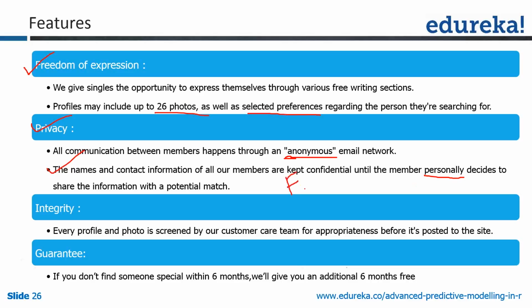Fraud detection is a niche area basically. Who are the previous people who have done this kind of fraud? Do I have a similar pattern with this person based on his age, gender, location, and so on? Every profile and photo is screened by the customers for appropriateness.